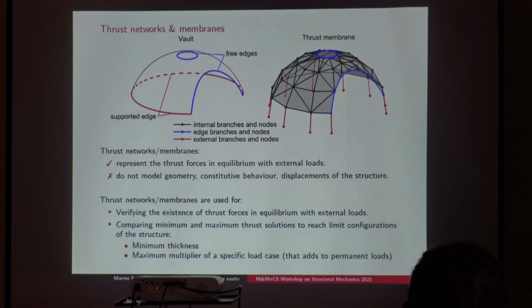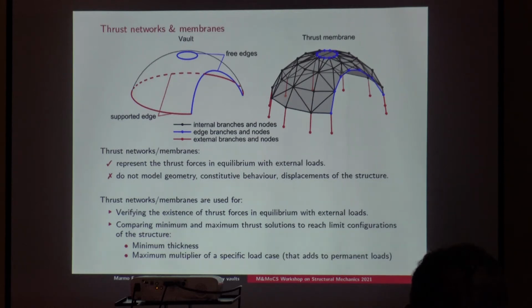Actually, those of you that are used to finite element analysis usually model the geometry and the mechanics of the structure by finite elements. These are not finite elements, so they do not model both geometry and mechanics. They just model somehow the geometry by the constraints and the forces inside the structure.